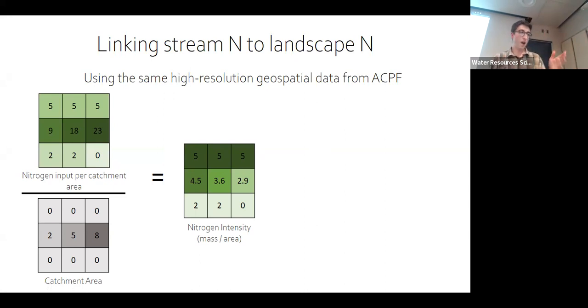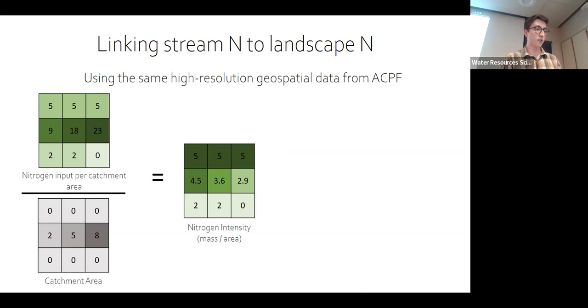Using the same high resolution geospatial data from ACPF that we use to get the proportion of cultivated land use, we get this nitrogen intensity metric. So we have this estimate of the nitrogen input per catchment area based on a history of crop rotations and fertilizer recommendation rates. And we have the catchment area.